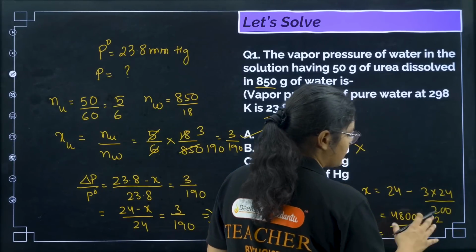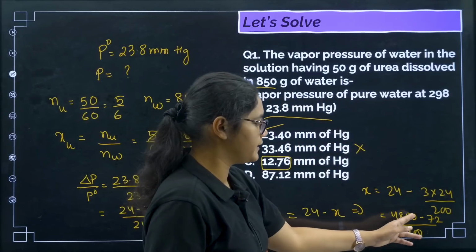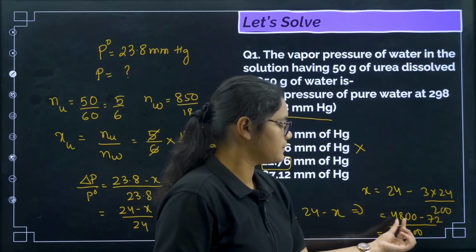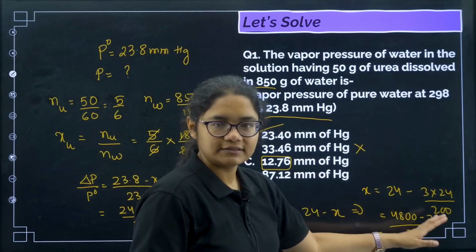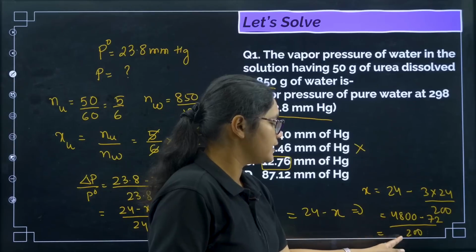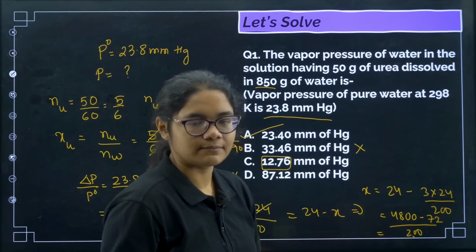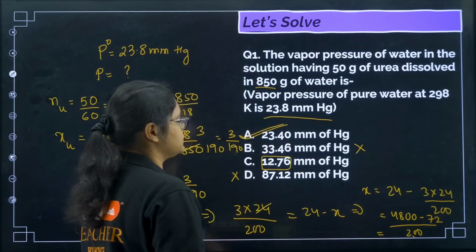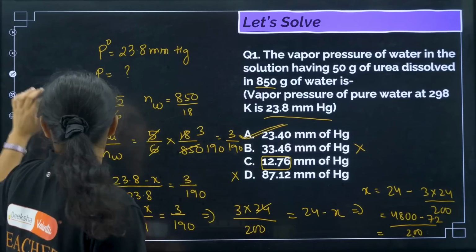So 4800 something by 200 will come to 20 point something only, right? You can easily see, 4800, you just subtracted 72, means something around 80 or 70 you subtracted, and then you are dividing by 200, so it will come to 23 point something. So the correct answer has to be option A. Easily you can guess the answer, you do not have to solve this much of the question.